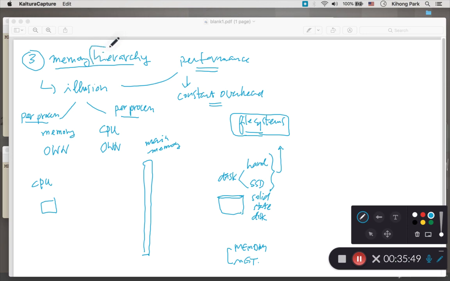The term hierarchy probably hints at the fact that there is a different hierarchical scheme of memory going on. So here we have two types of memory: main memory, our RAM, our random access memory, quote unquote, and our disk, which is kind of a parallel sequential memory, but it's not random access memory.